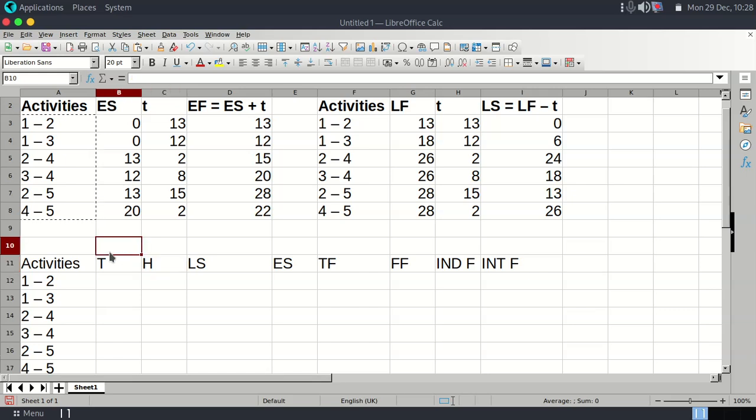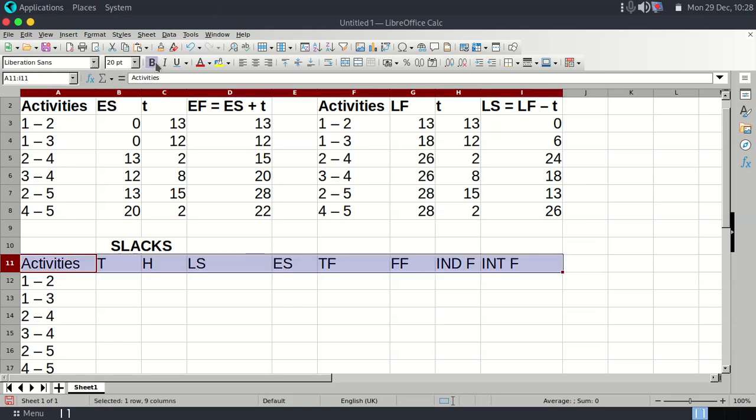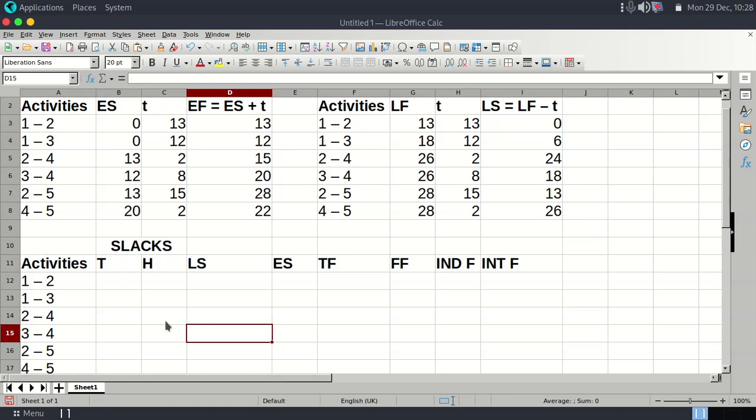These are slacks. We already know what a slack is. Let me just merge this. So T and H are slacks.